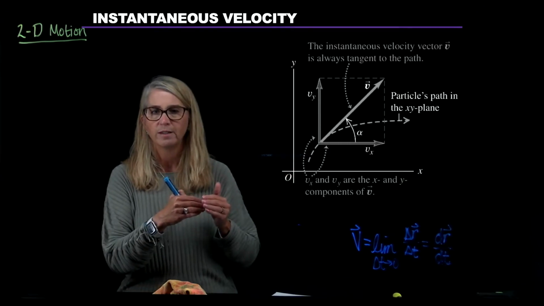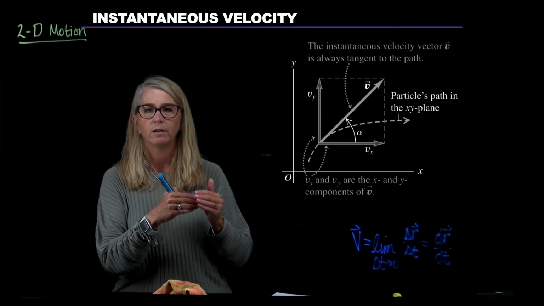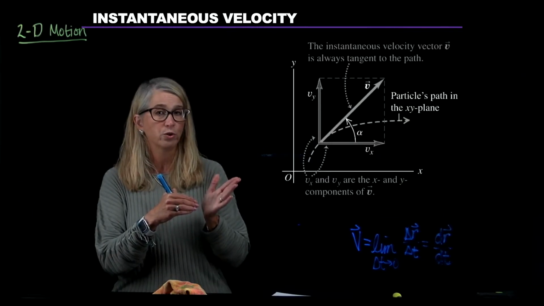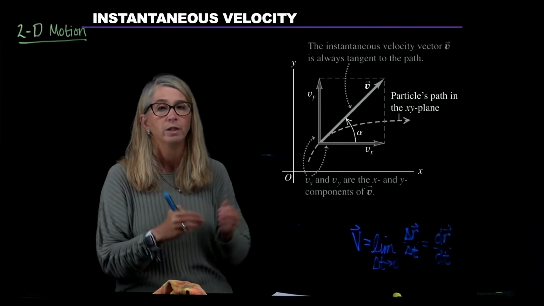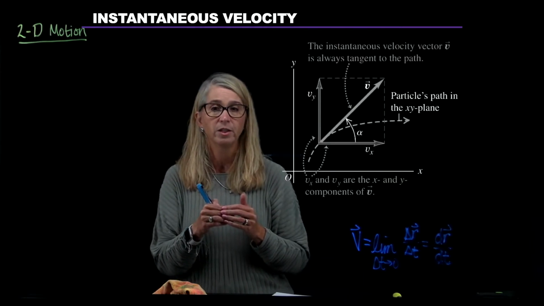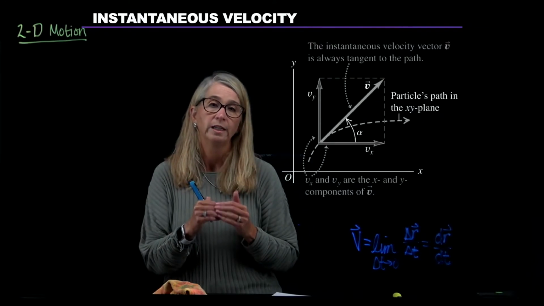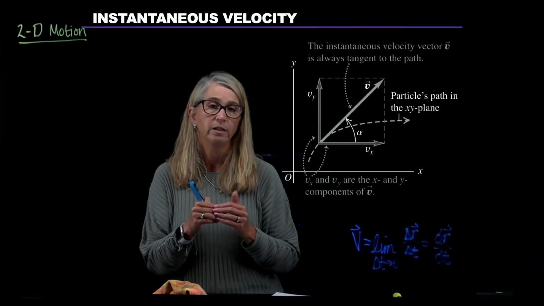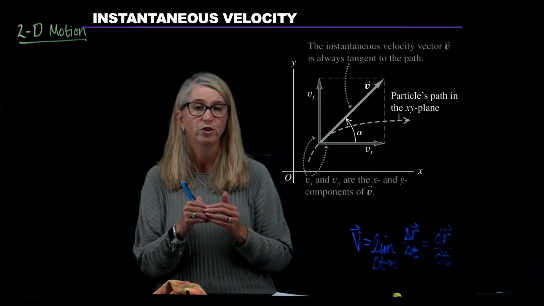But as that delta time became very small, it would seem like it would be closer to what the tangent would be. But it's only when we make that time interval infinitesimally small by looking at instantaneous velocity that we can say with certainty that that vector will be tangent to the path.